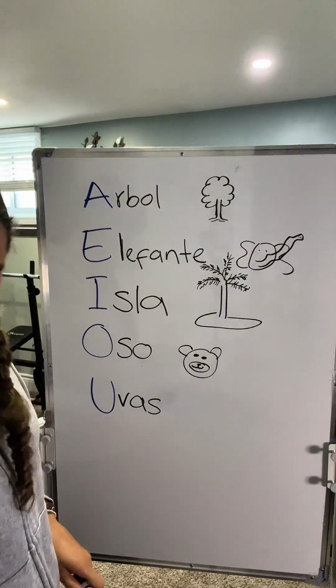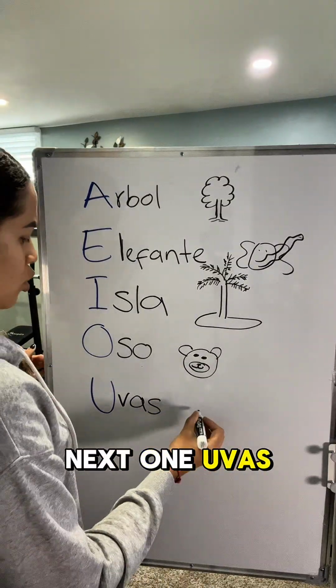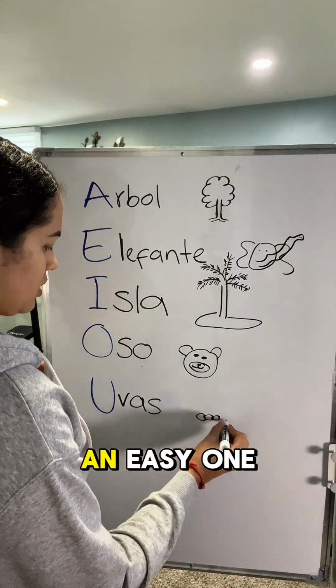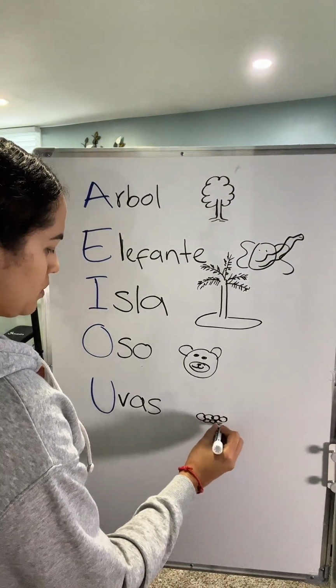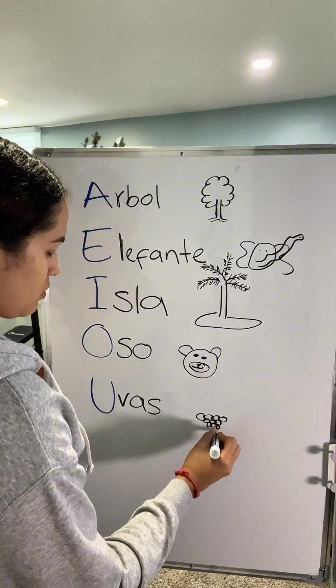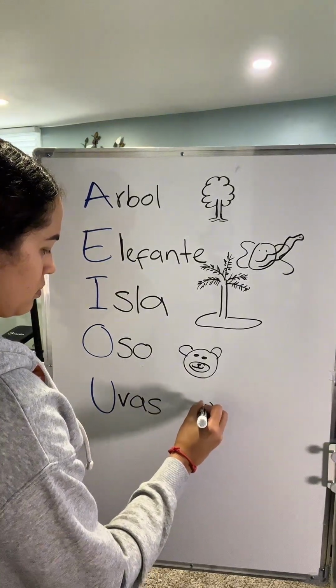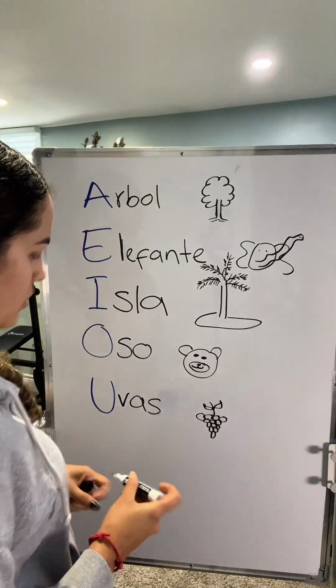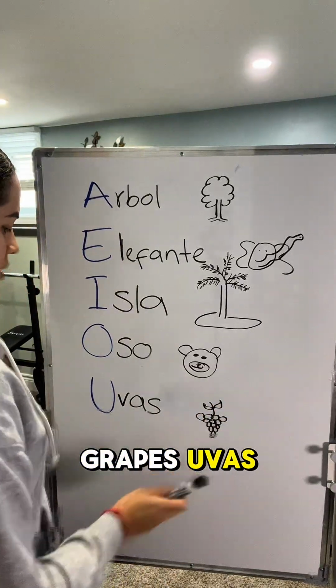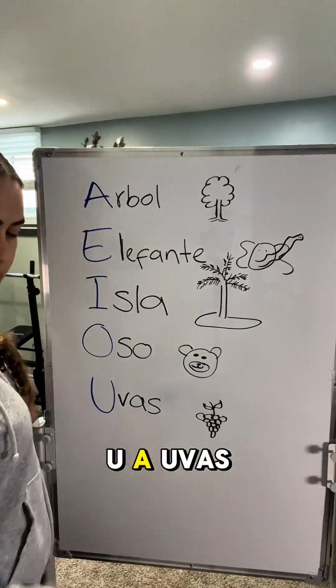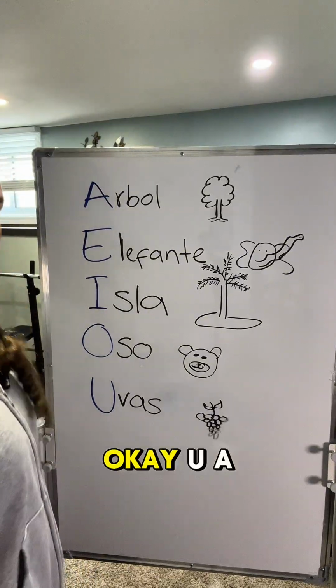Okay? Next one, uvas. So this is an easy one. Grapes, uvas. U, A, uvas. Okay?